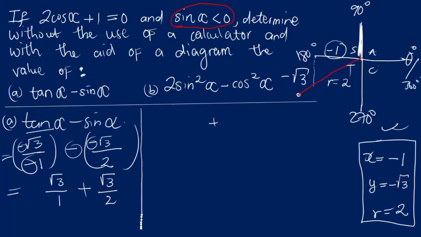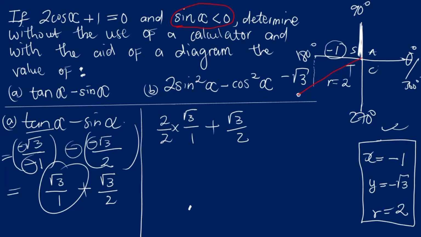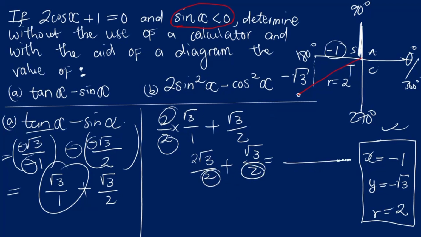So now let's get to solving that. Let me erase this thing here. So now we make this to have a denominator of 2. So I multiply this by 2 over 2, so that it can have a denominator of 2. All set? What do I have then? I'll end up having 2 root 3 all over 2 plus root 3 all over 2. Now my denominators are the same. What can I do? I keep one denominator and then I add the numerators.